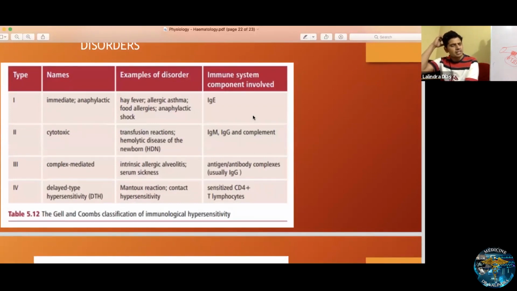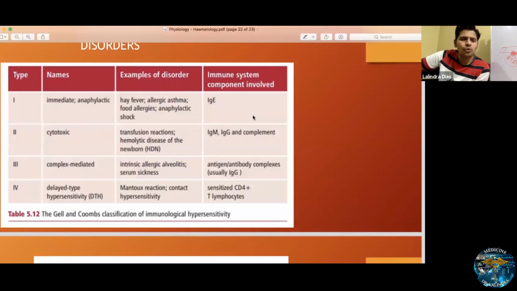So serum sickness is also type 3 hypersensitivity, very important to remember that. That happens in type 3.